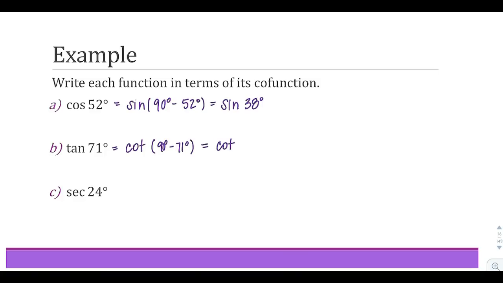So we have cotangent of 19 degrees. And then secant and cosecant are cofunctions. So we have cosecant of 90 degrees minus 24 degrees. So cosecant of 66 degrees.